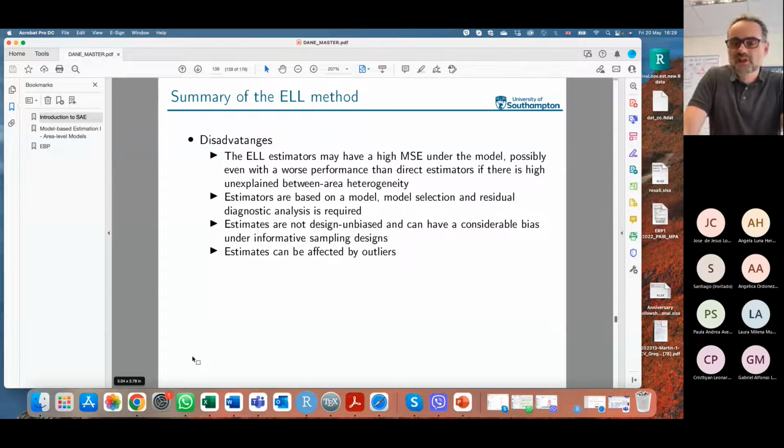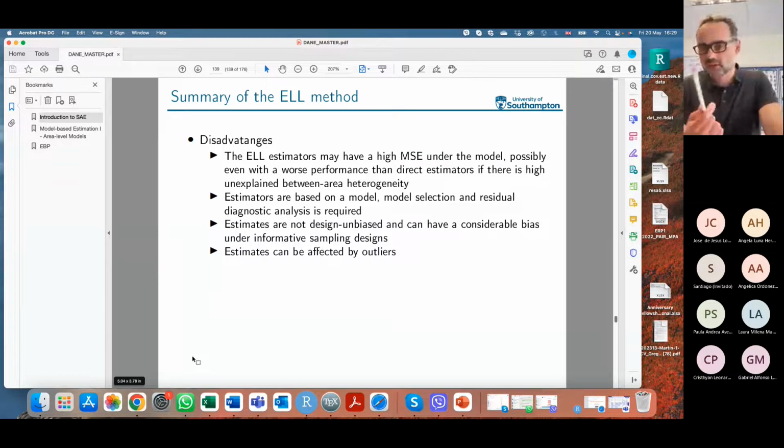Obviously, the estimates are based on a model, and model selection and residual diagnostics are needed. The estimates are not designed unbiased and can have considerable bias under informative sampling design. So there is no accounting for sampling design in this version of the method, and the estimates can be affected also by outliers.